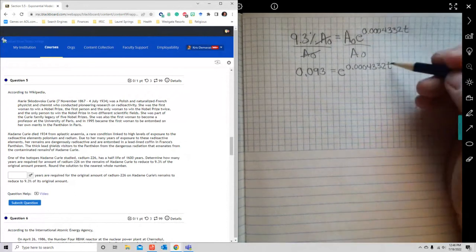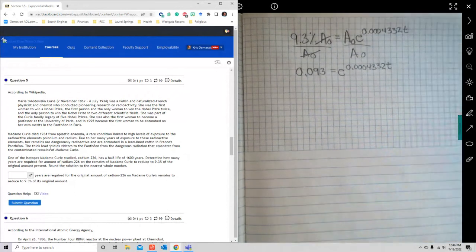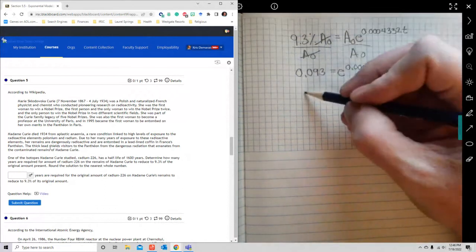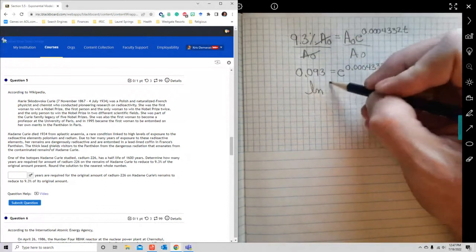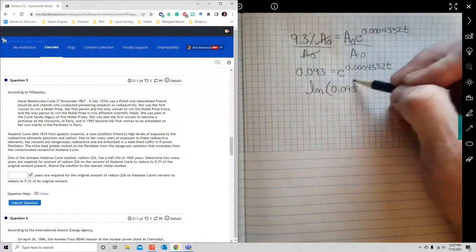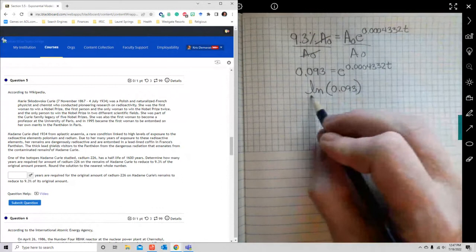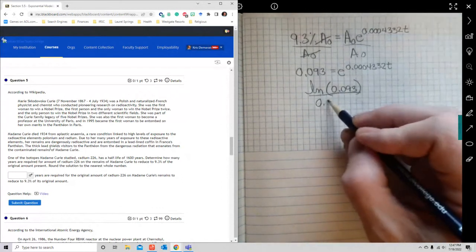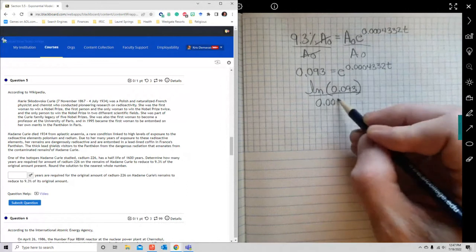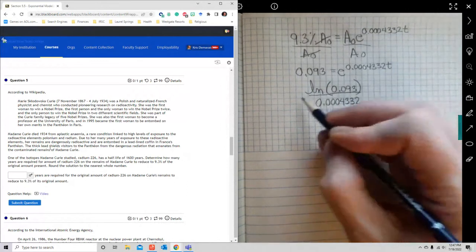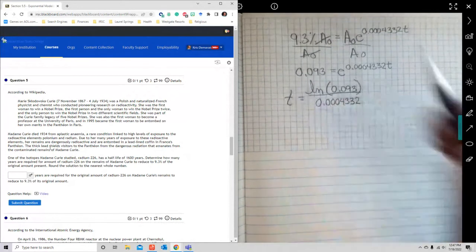And all we have is one variable, and that's what we're solving for. So we take ln of both sides: ln of 0.093, and then divide it by this 0.0004332, and that's going to give us our time.